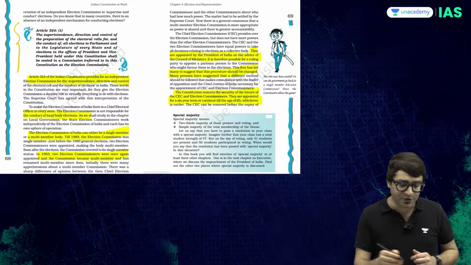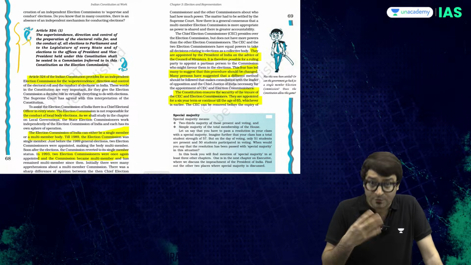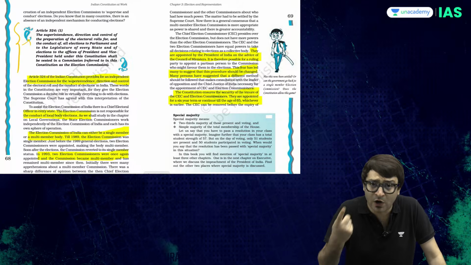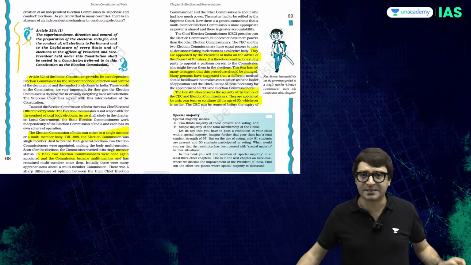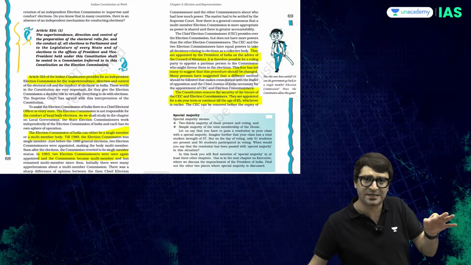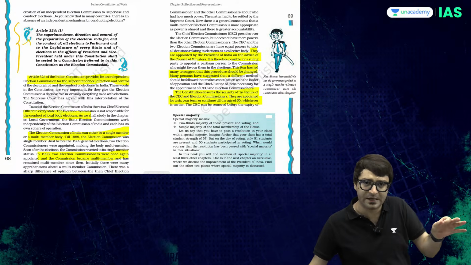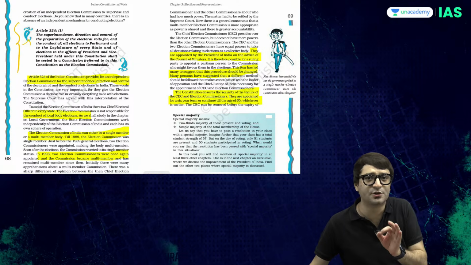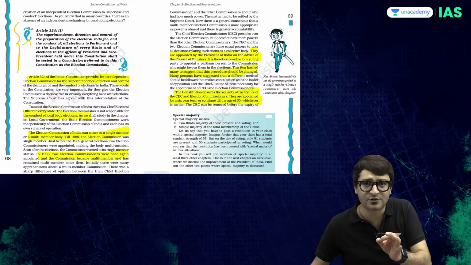Article 324 of the Constitution says that the superintendence, direction, conduct and control of all elections, whether it is the election to the President, the Vice President, the Lok Sabha, the Rajya Sabha, the Legislative Assembly, or the Legislative Council, will be carried out under the supervision of the Election Commission of India.